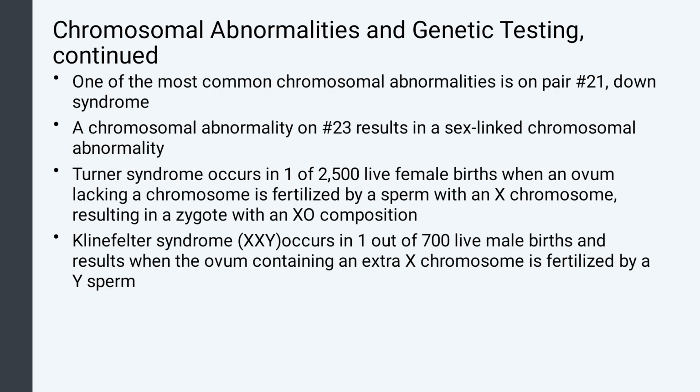Turner syndrome occurs in 1 out of 2,500 live female births when an ovum lacking a chromosome is fertilized by a sperm with an X chromosome, resulting in a zygote with an XO composition. So Turner syndrome is a female missing an X, having XO instead of XX.